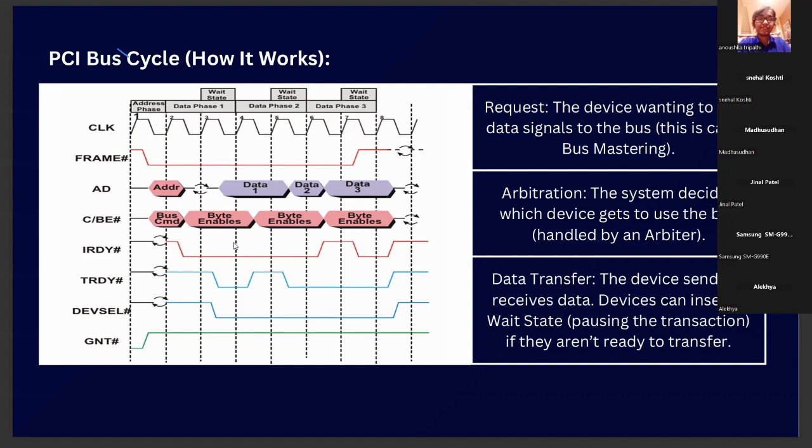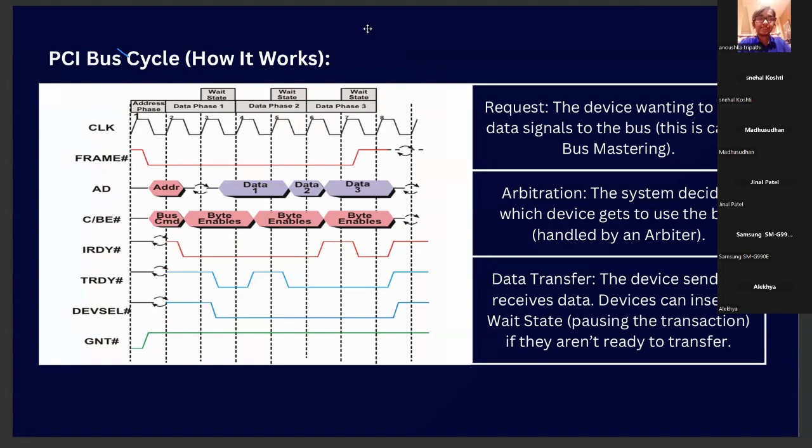That means, is the initiator ready to send the data or not. And this is target ready. That means our target is ready to receive the data or not. And this is device select, and this is frame, which helps us know that the data we are sending is valid or not. So in PCI, we have first the address phase and next three are the data phases.